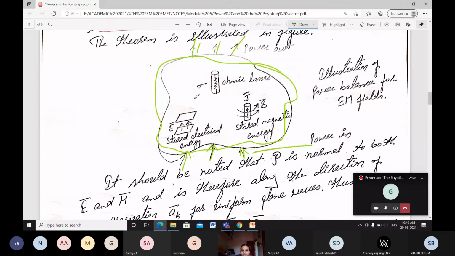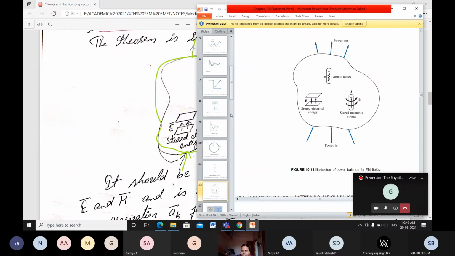In the same figure, this is the stored electrical energy, the stored magnetic energy, and then the ohmic loss. This is one surface of the volume.